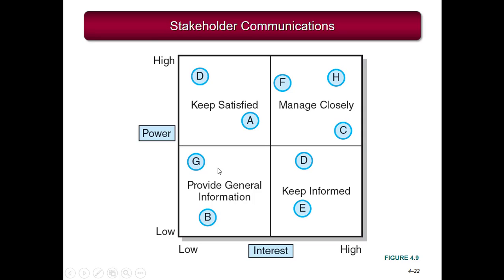The key here is that as interest increases and as power increases, you want to provide more information to those particular stakeholders. And sometimes you would have to get input from the stakeholders themselves to let you know how often they would need communication and what specifically they would want.